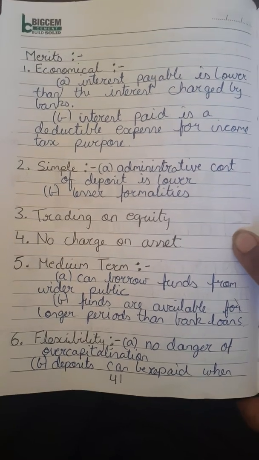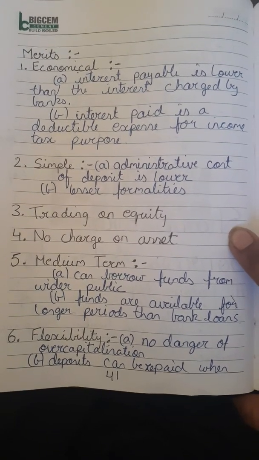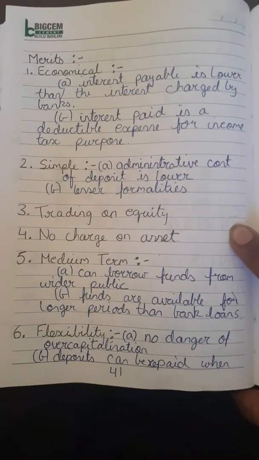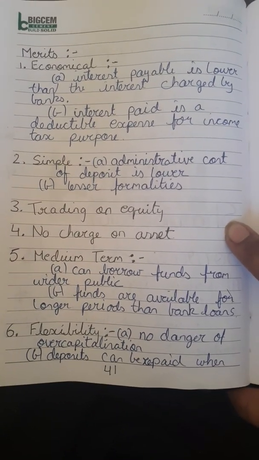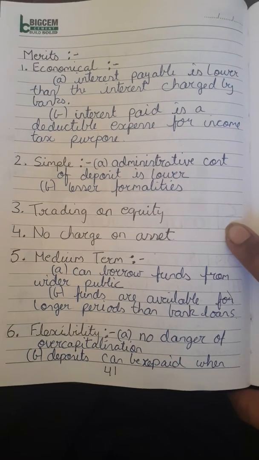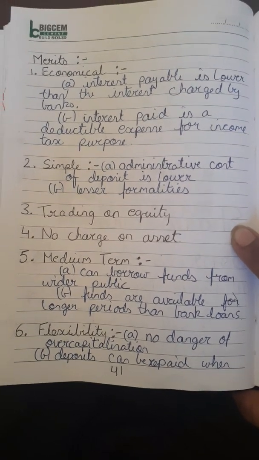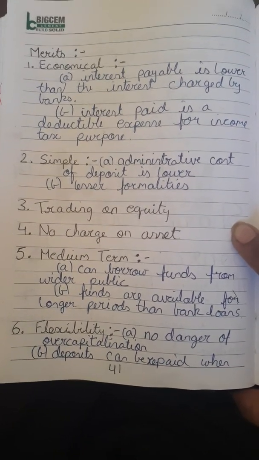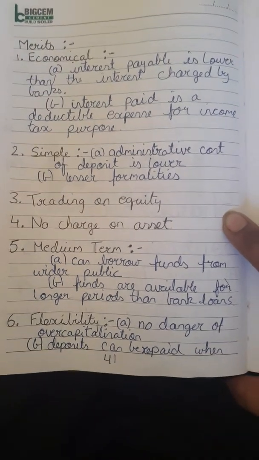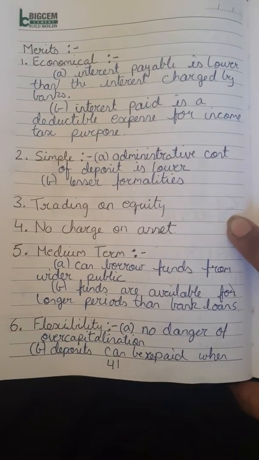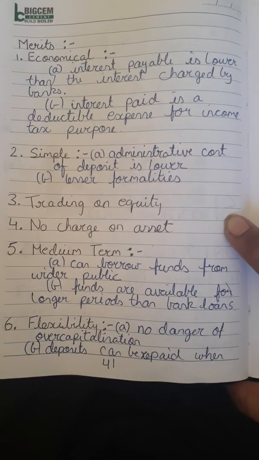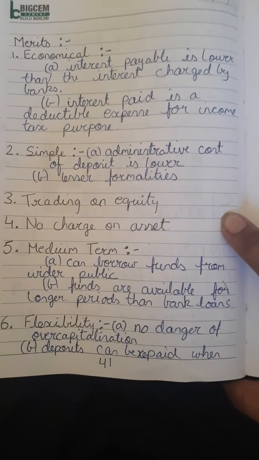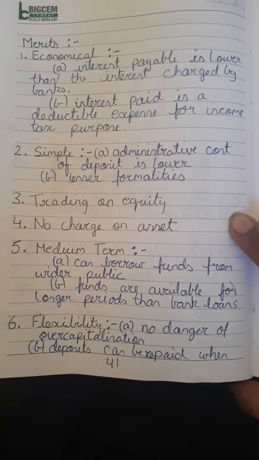Third, it facilitates trading on equity, which in return improves the reputation of the company among its shareholders. Fourth, no charge on asset, thus helping the company to use these assets in raising loan from some other bank or financial institution.